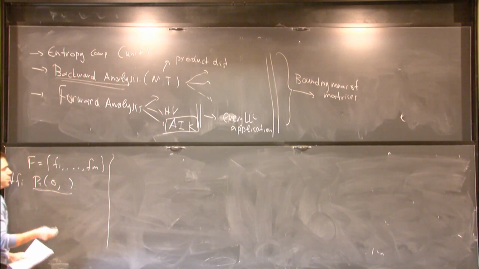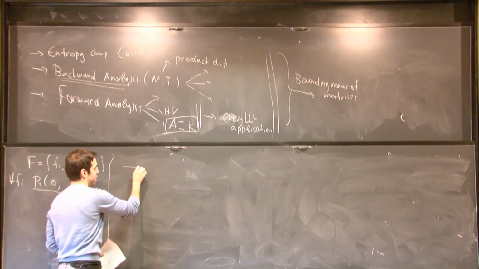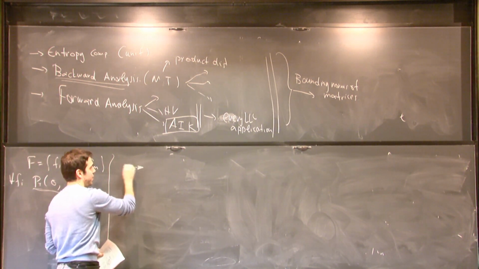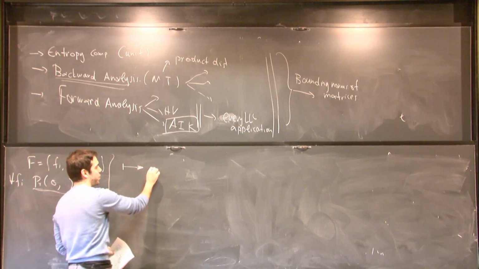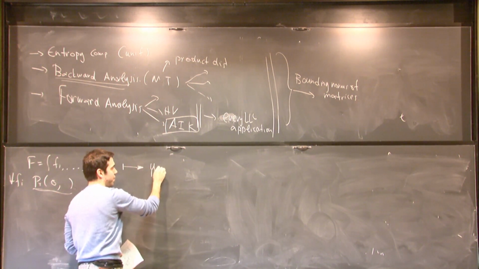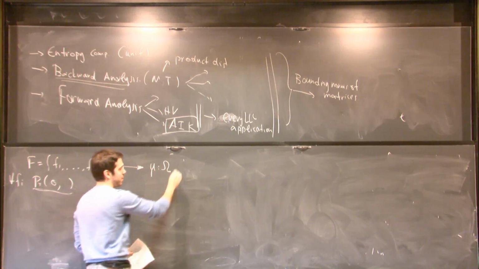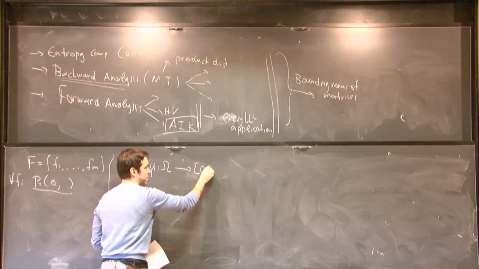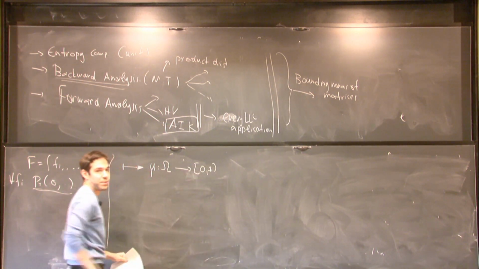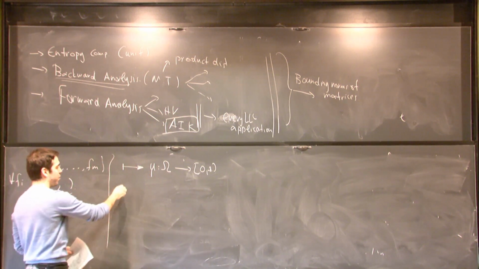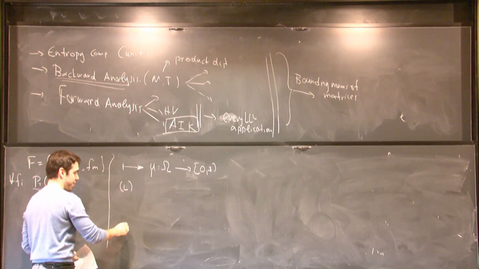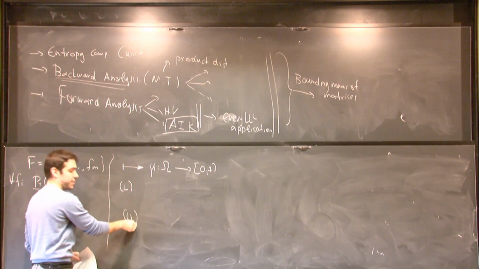So here's the condition. The first thing you do, as in the local lemma, is introduce a probability distribution mu from the configuration space to [0, 1]. And then you measure the performance of the algorithm using these two quantities.